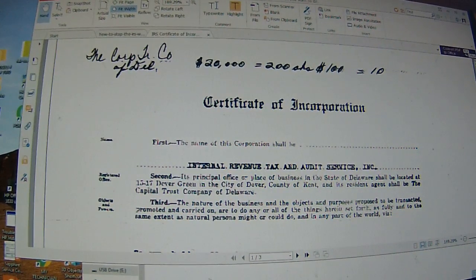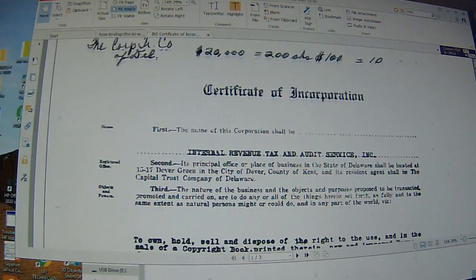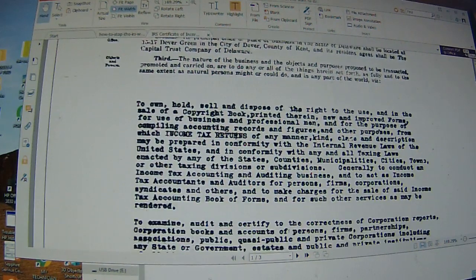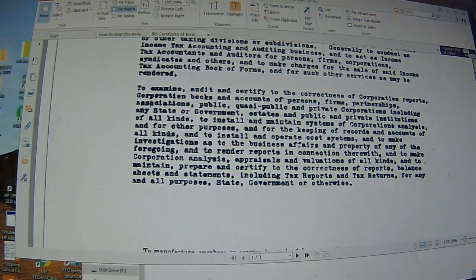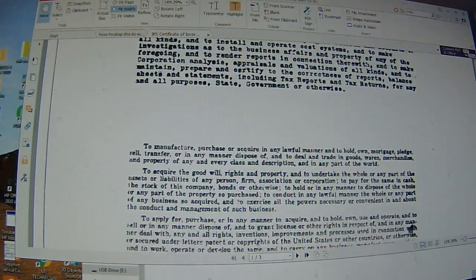Okay, here we go. Certificate of Incorporation. Internal Revenue Tax and Audit Service Incorporated. Now this is an old document. This is a snapshot clearly showing you that they are a private for-profit corporation. And you have to get a hold of this so you can read it for yourself.